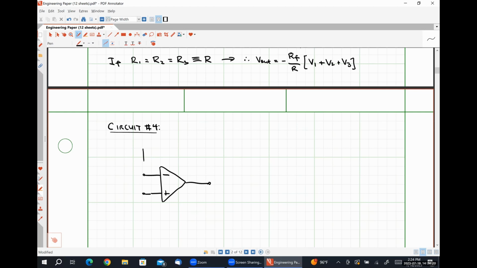We're going to have our negative feedback resistor connecting the inverting input terminal to the output. Let's call this resistor R. Then we're also going to have an identical resistor R placed between the inverting input terminal and our input signal, which I'm going to call V1.